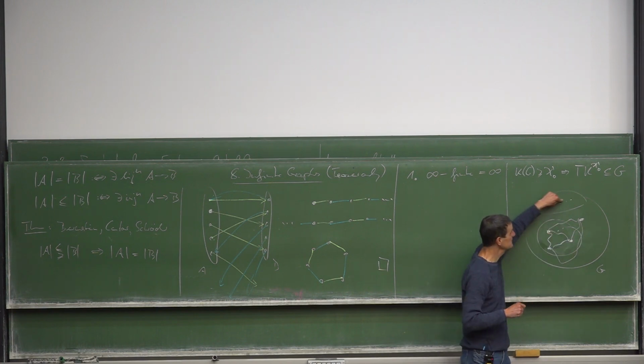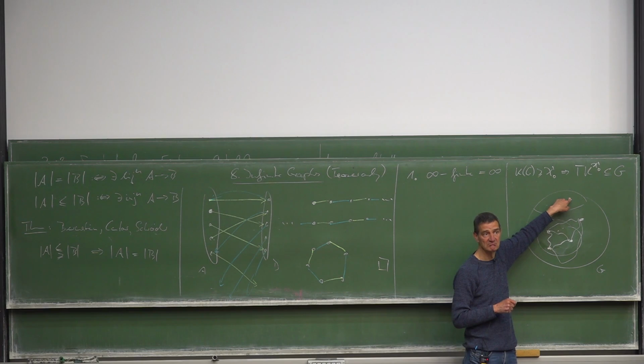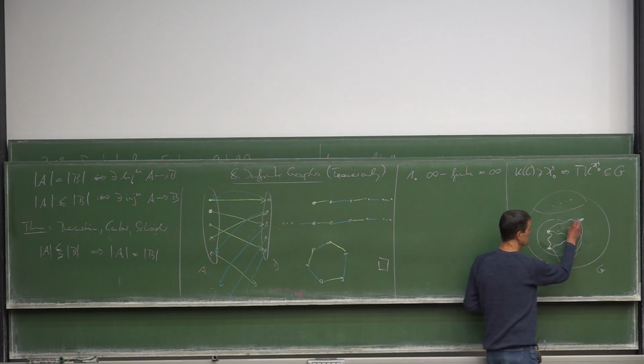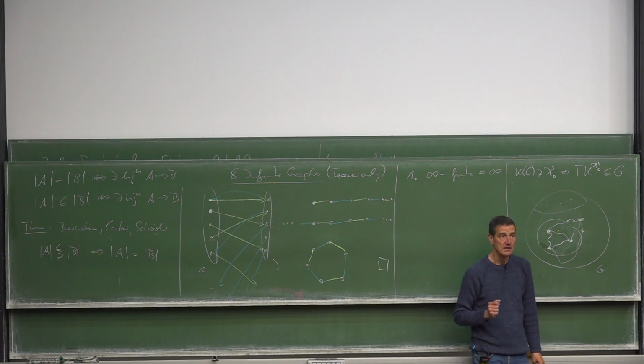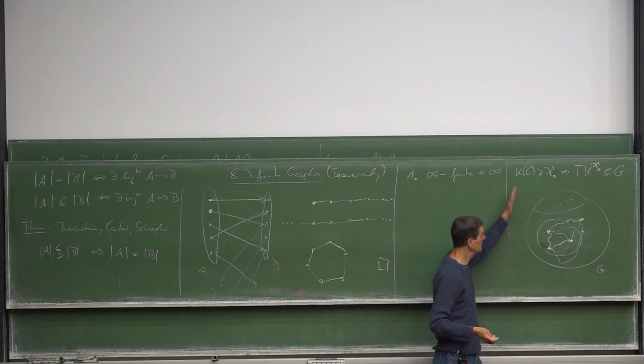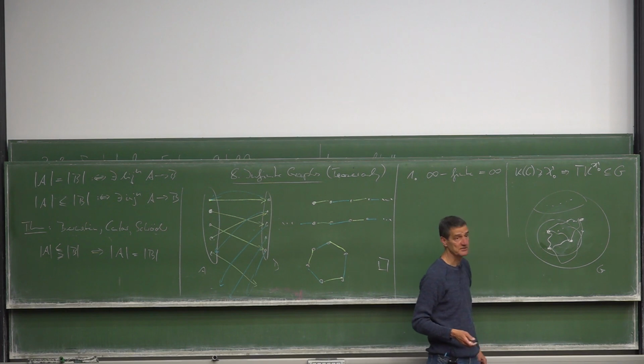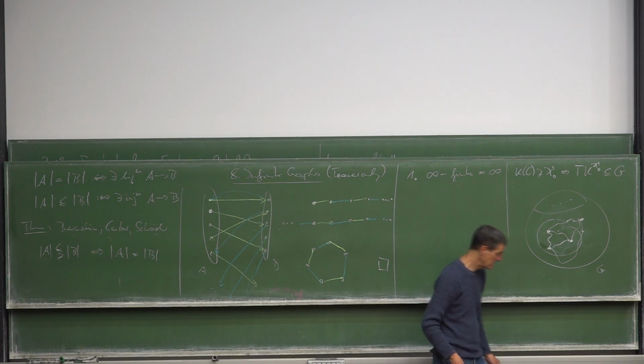So all these get picked eventually. Not every one of them gets picked, because some of them will appear on these linking paths, right? But we will be using up every vertex of G. Okay.